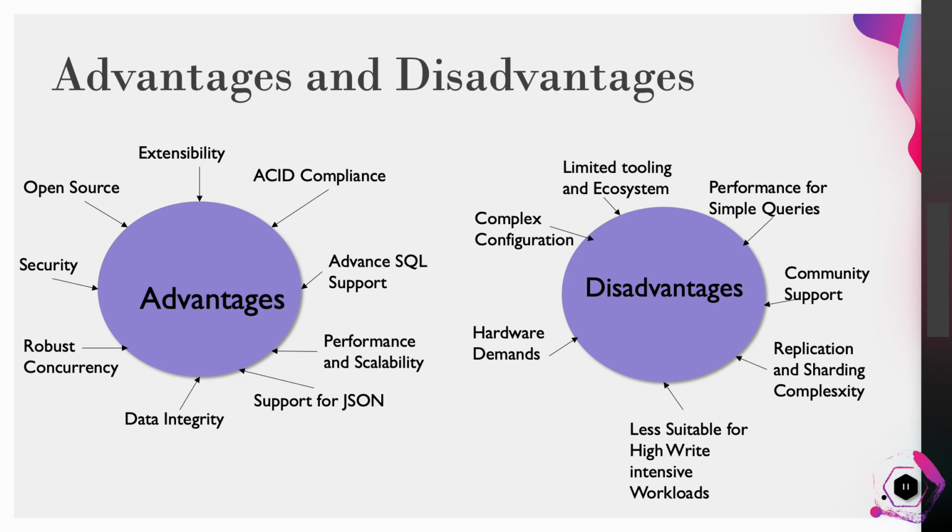One of its primary advantages is its customization capability, allowing users to create custom functions, operators, and data types. It supports advanced SQL functionalities, making it suitable for complex queries, and handles both structured and unstructured data, including JSON.